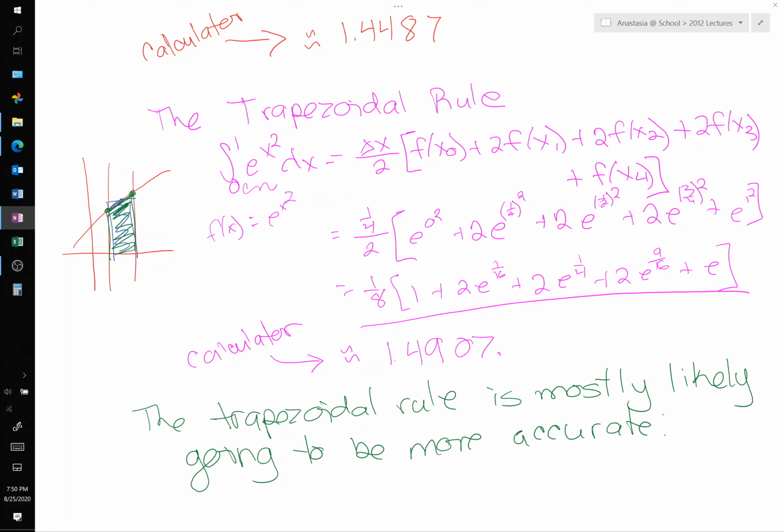Now, the trapezoidal rule is not always the most accurate rule. There is another rule that we will see in the day 2 lecture for this section, but as far as the rules that we've talked about so far, the trapezoidal rule is, generally speaking, the most accurate one.